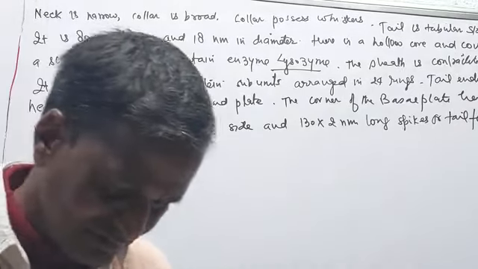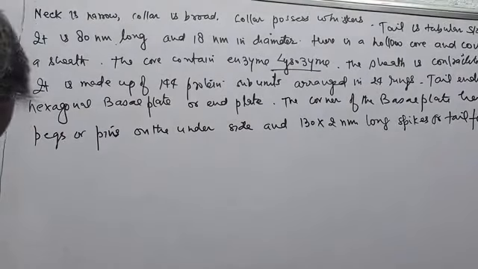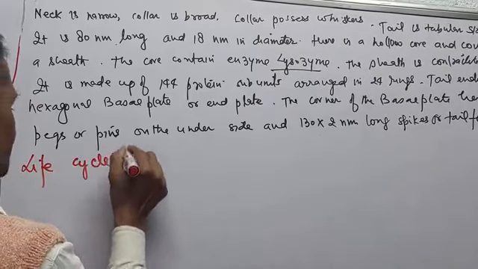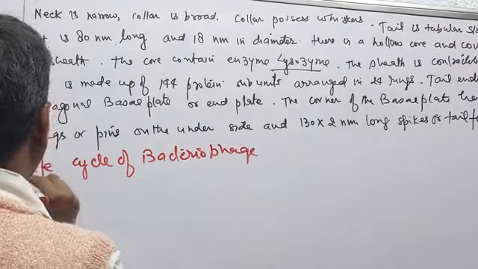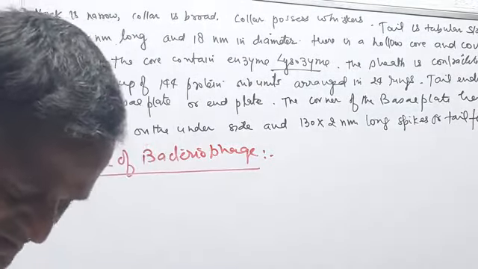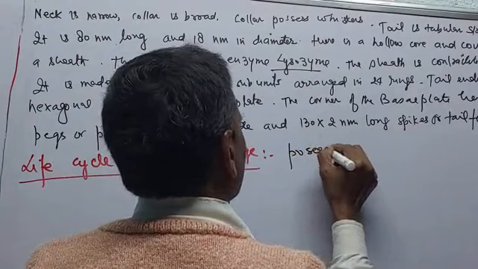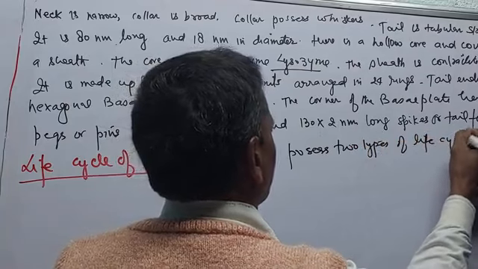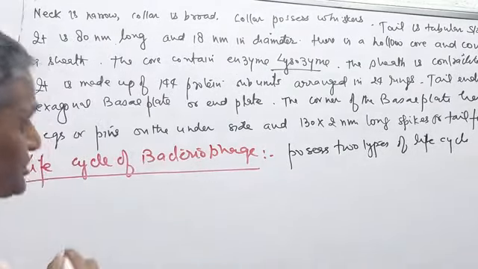Friends, now we will see the life cycle of bacteriophage. Bacteriophage possess two types of life cycle, lytic and lysogenic.